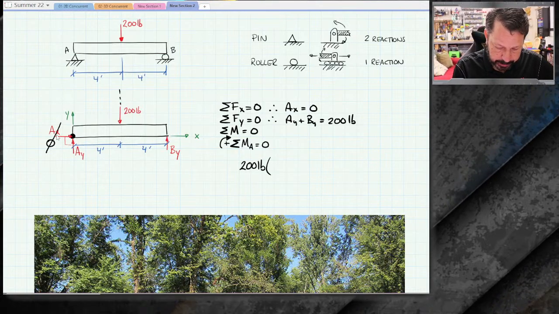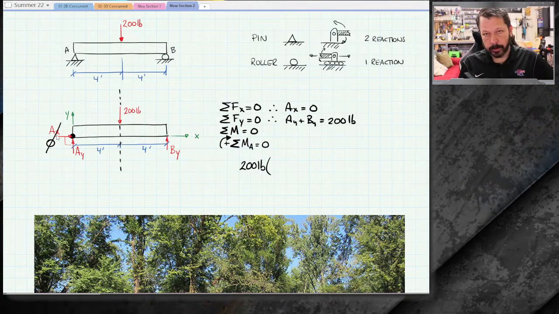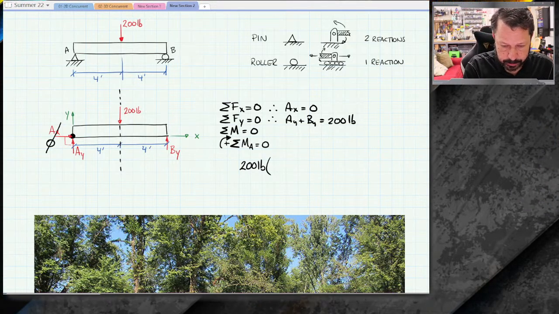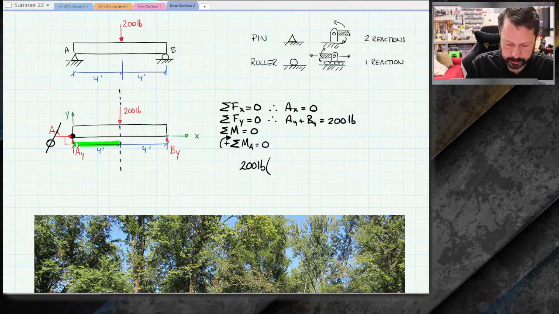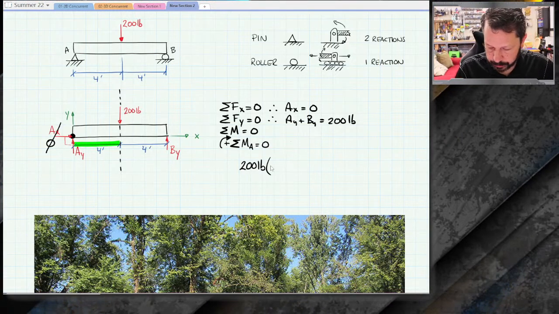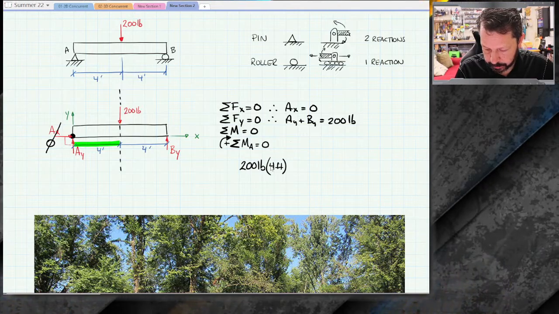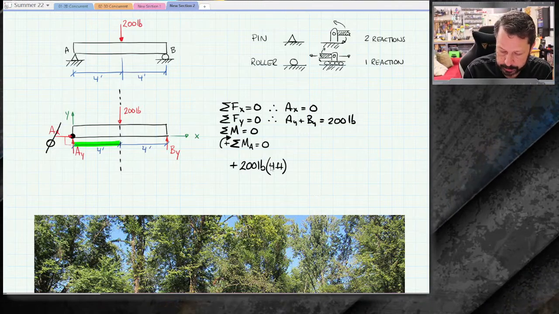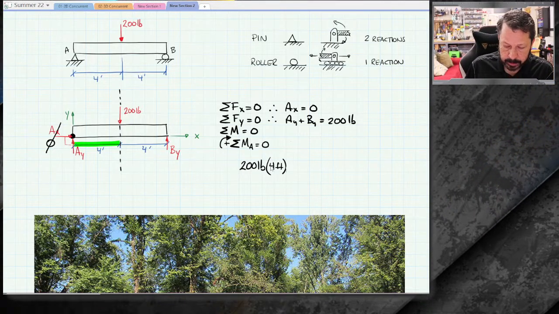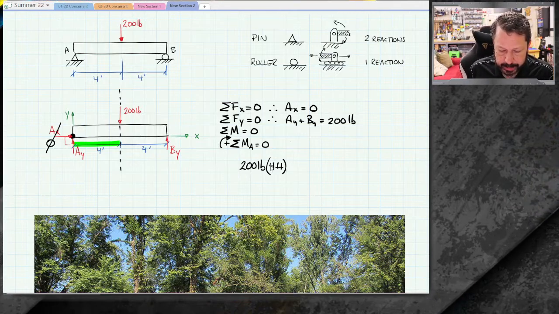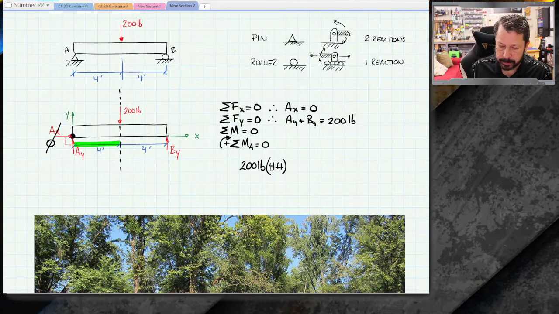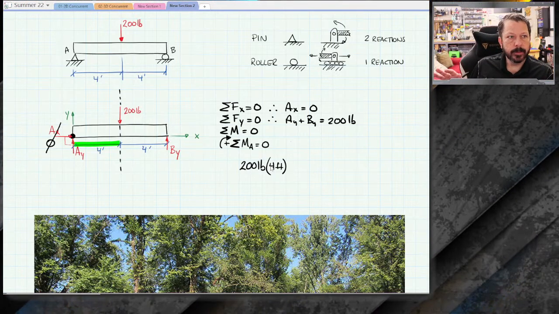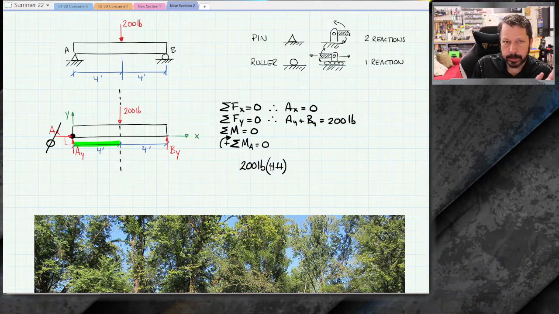That has a vertical line of action. So I need the horizontal distance between point A and that line of action, which is that distance right there, 4 feet. So 200 pounds times 4 feet. I have to decide if that's clockwise or counterclockwise because I need to write a plus or a minus sign over here. So how I do that is I isolate the one I'm looking at, the 200 pounds. Imagine the beam, even if the beam is not built in a way where there's a pin there, that doesn't have anything to do with it.